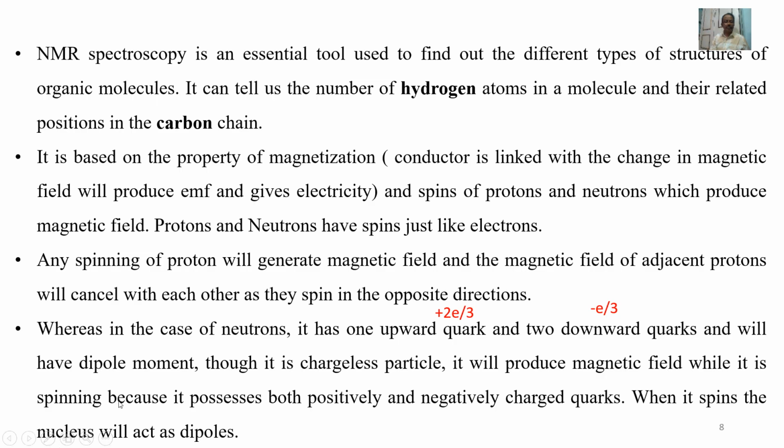Though it is a chargeless particle, it will produce a magnetic field while spinning, because it possesses both positively and negatively charged quarks. When it spins, the nucleus will act as a dipole.